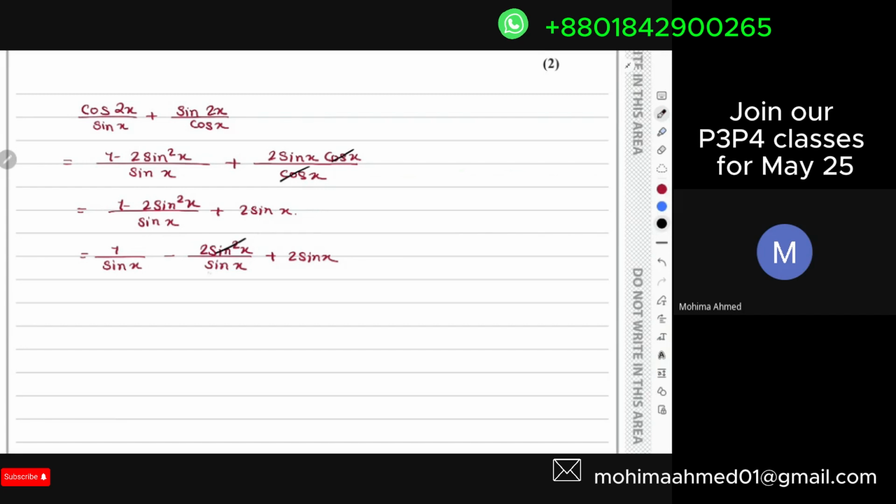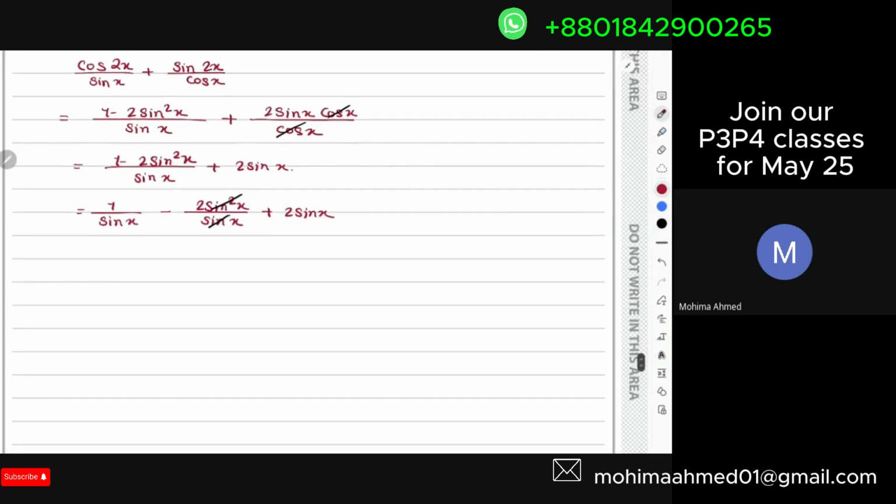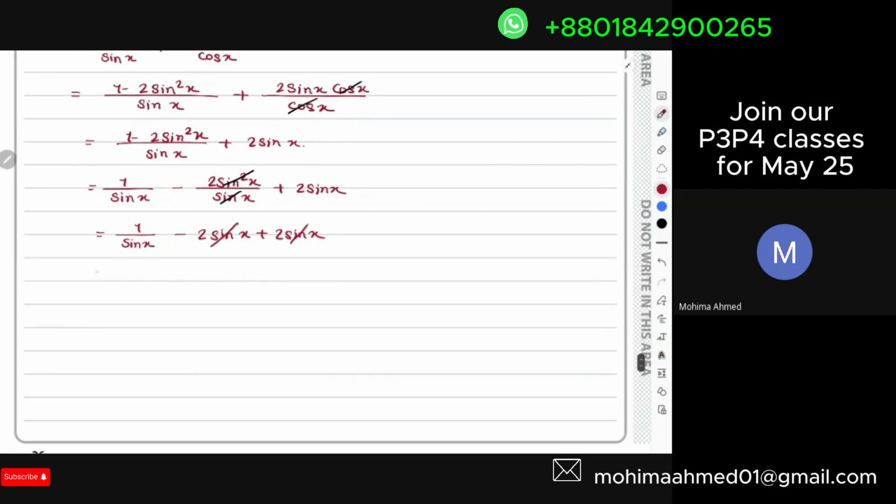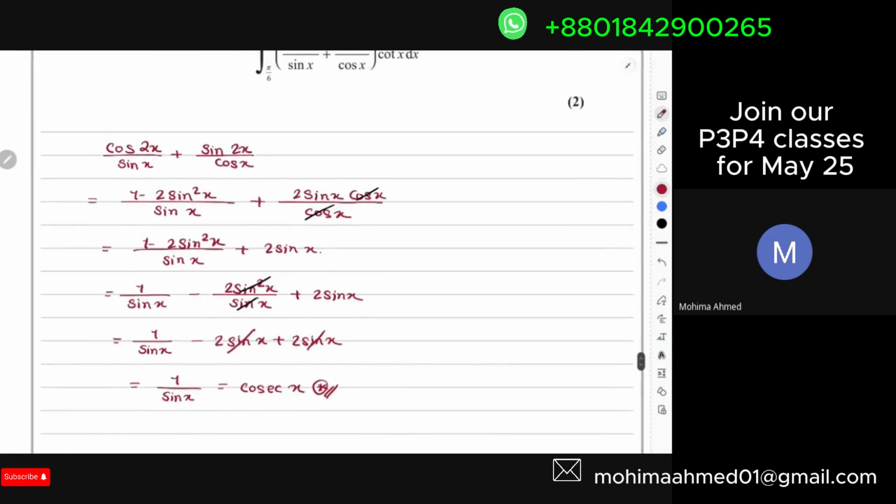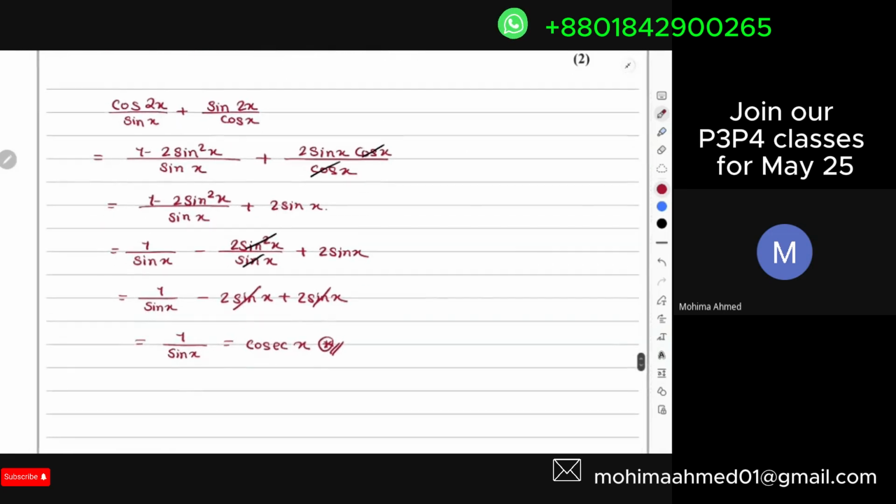Again, in this part, sine square x by sine x can be cancelled out, leaving you with 1 by sine x, minus 2 sine x, plus 2 sine x. Then the minus 2 sine x and plus 2 sine x cancel out. You're left with 1 by sine x, which is your cosec x. This is what we were supposed to prove here. So we're done with this.